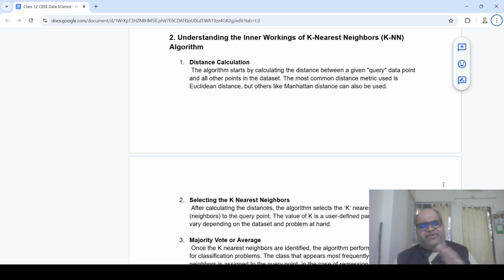But that is not a constraint. KNN can work even on categorical data as independent variables or features.